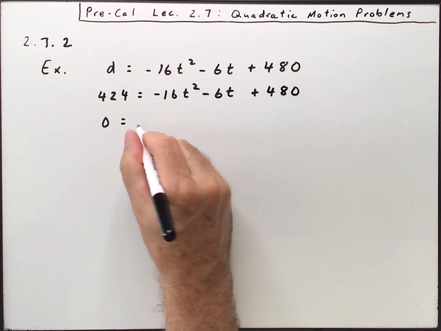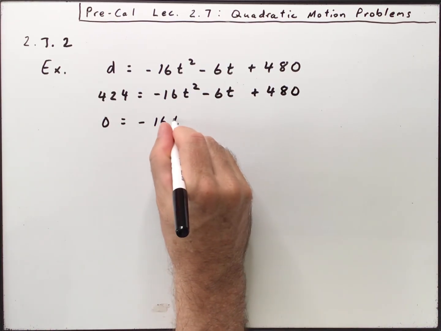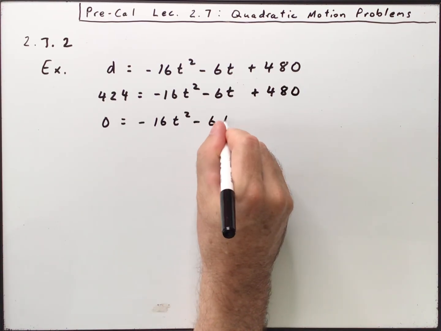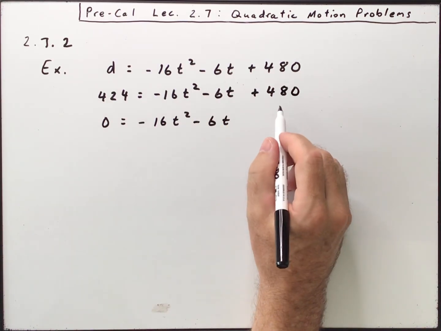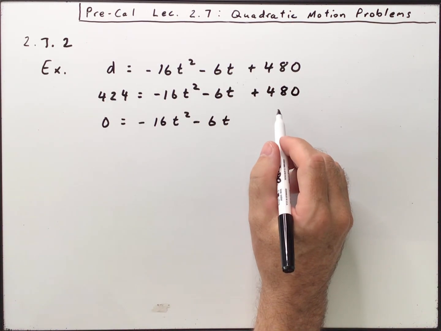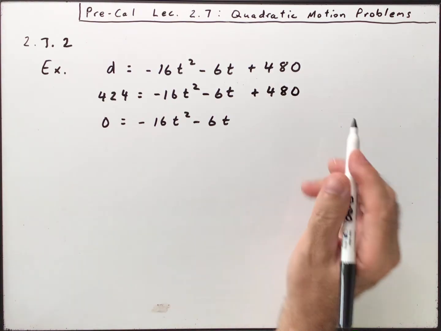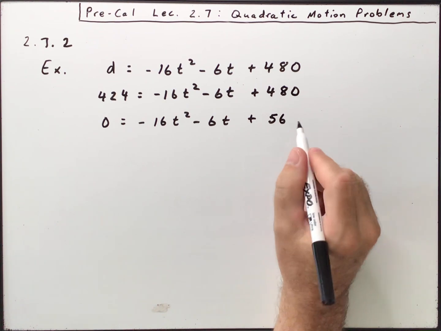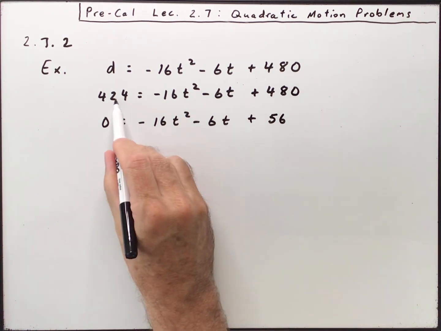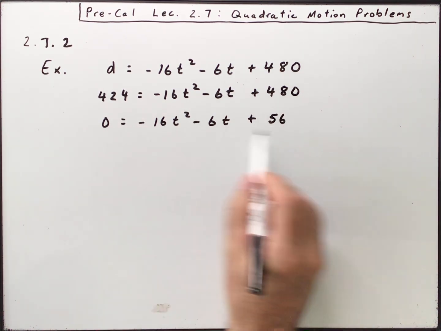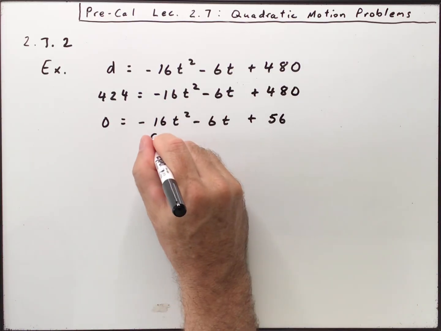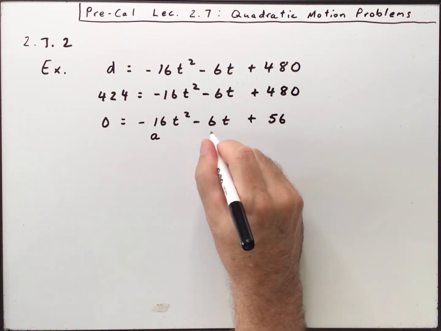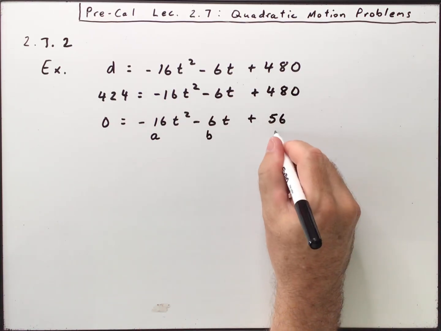Subtract 424 from both sides, so I can set it equal to 0. You have negative 16t squared minus 6t, and then 480 minus 424 is 56. So a is negative 16, b is negative 6, c is 56.